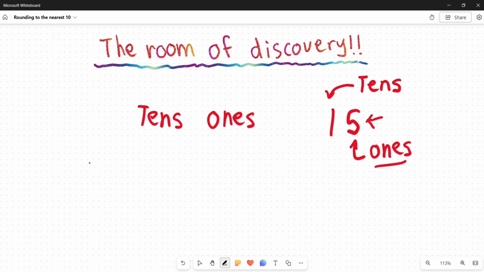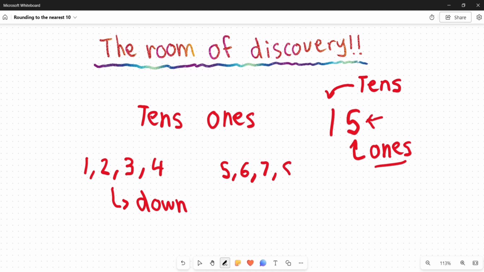If you see the numbers 1, 2, 3, and 4 in the ones place, then you round down. But if you see the numbers 5, 6, 7, 8, and 9, then you round up.